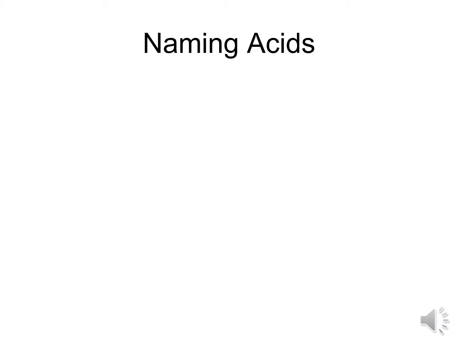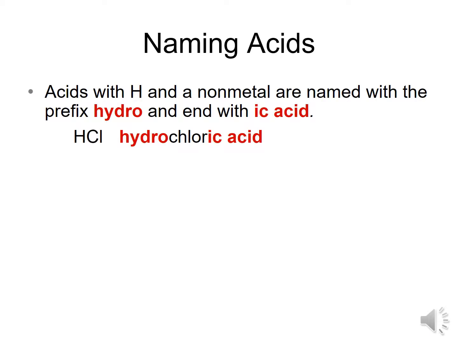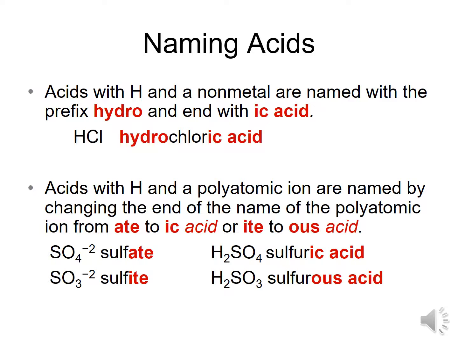When it comes to naming acids, there are a few certain rules. First, let's start with the binary acids that only have two elements: acids with an H and a nonmetal. They are of the form hydro-ic acids, hydrochloric for HCl. If you put H+ ions with a polyatomic ion, then the name of the acid is based on the name of the polyatomic ion.